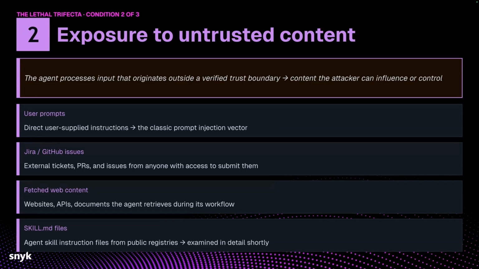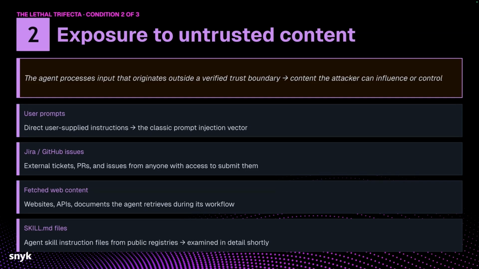Also think about Jira, the GitHub issues, where you could actually add comments, or where you could use natural language and text, so external tickets, pull requests, issues from anyone with access to submit them. Also, everything around fetched web content. So think about all the websites, the APIs, the documentation that the agents would need to enhance their workflow.